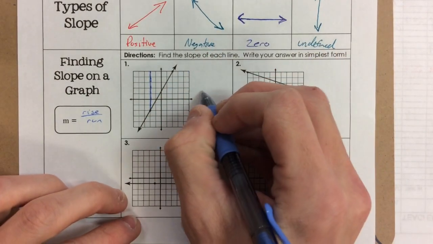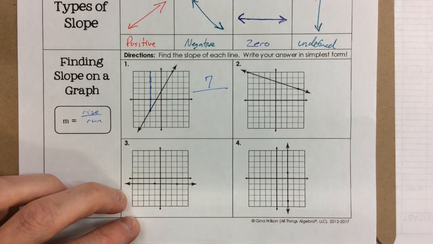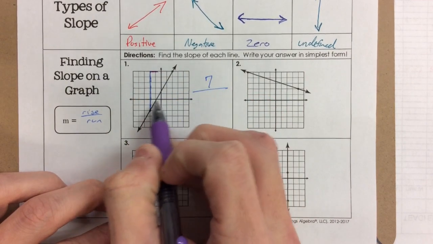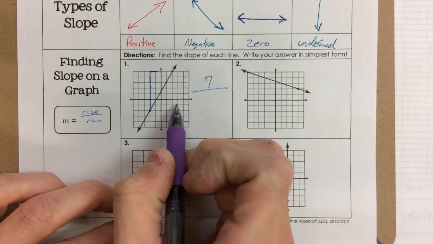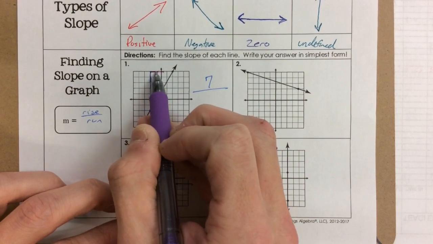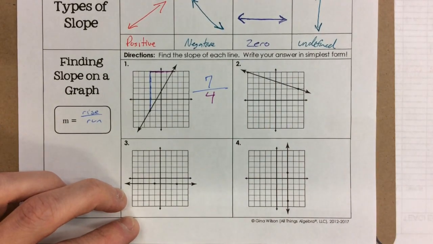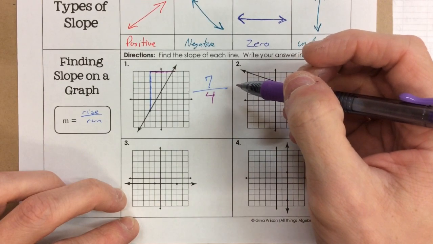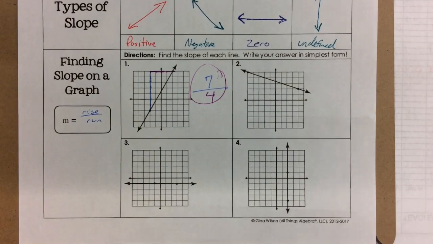So let's go ahead and write 7 for the rise. All right, with run, we're going to be running to the right. Whenever we go right on the number line or on the x-axis, it gets more positive. So we know we're going to be sticking with a positive number here. We're running right. 1, 2, 3, 4. 7 over 4. And can this be simplified? No, it cannot. So 7 over 4 is the answer.